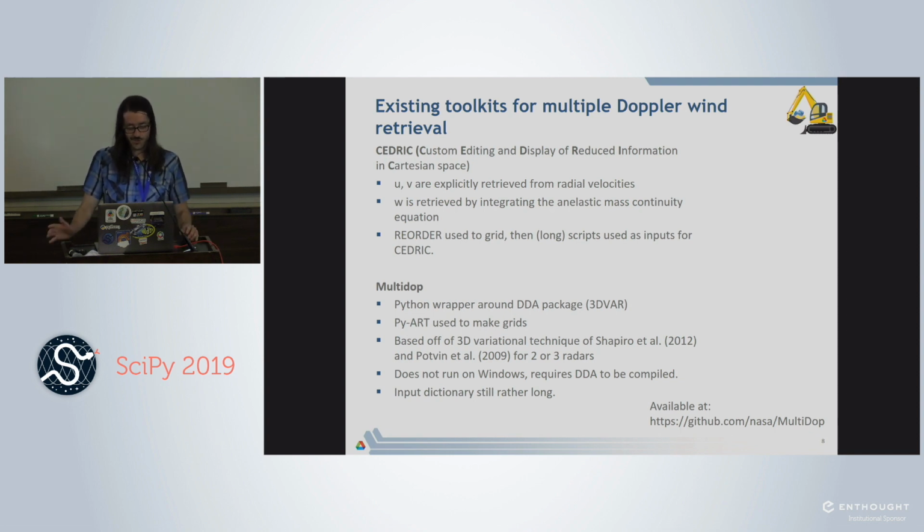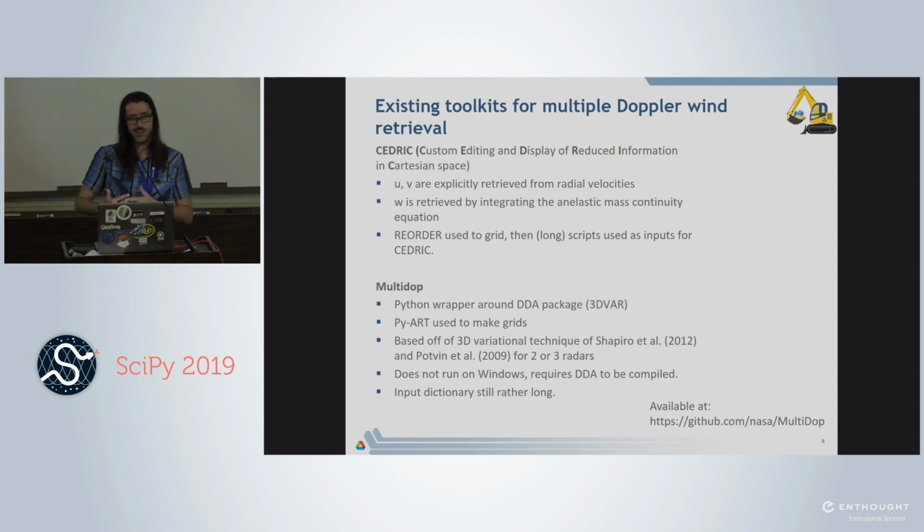There's also Multidop. This one is a Python wrapper around a C package called DDA, and it does have some dependence on open source packages in the ecosystem, including the Python ARM Radar Toolkit, a commonly used open source package that is used to analyze and visualize radar data. But there are some flaws with it. It doesn't scale, it's not thread safe.